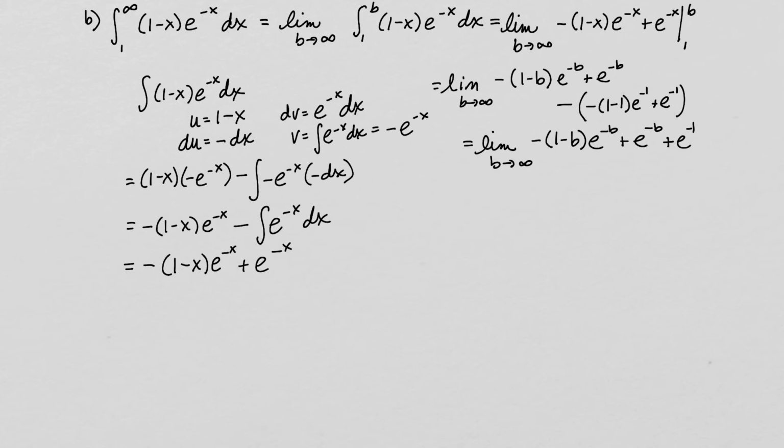And remember, e to the minus b is just 1 over e to the b, right? So I can make this a little nicer looking to help us figure out the limit: minus (1 minus b) over e to the b plus 1 over e to the b plus 1 over e.